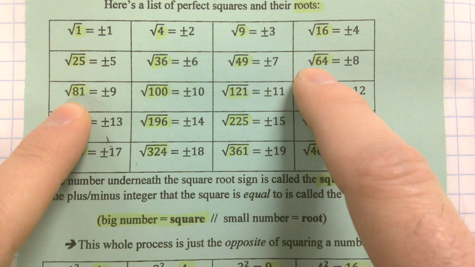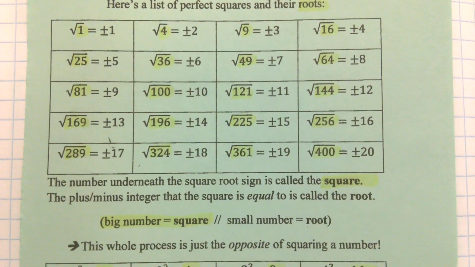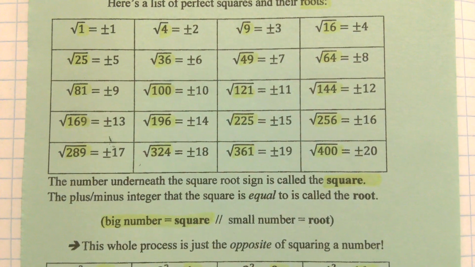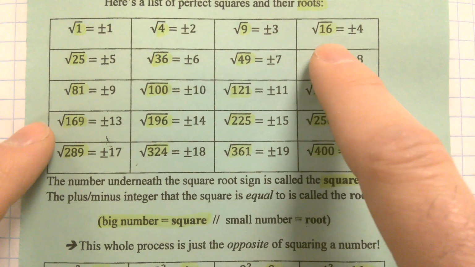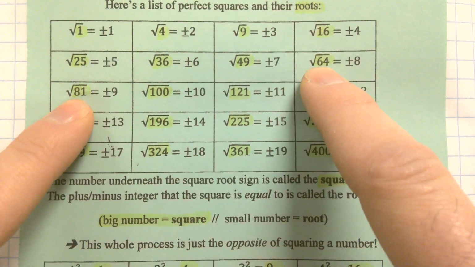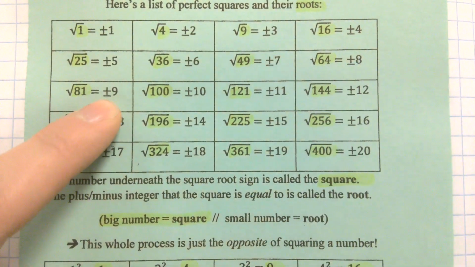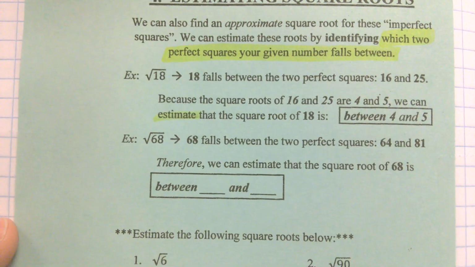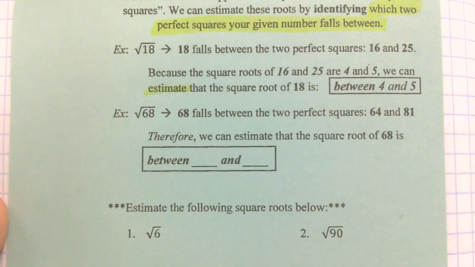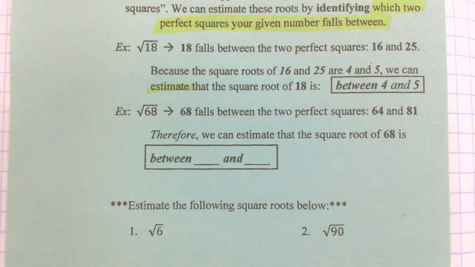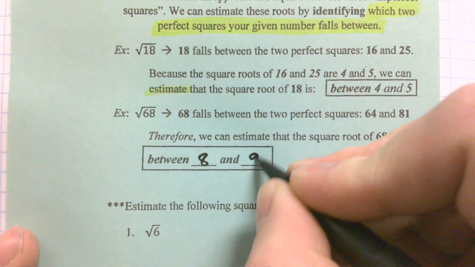So what two roots would the square root of 68 be between? 64 and 81, right? Those are the squares. The roots being 8 and 9. So we can fill in the blank. We can estimate the square root of 68 is between 8 and 9.